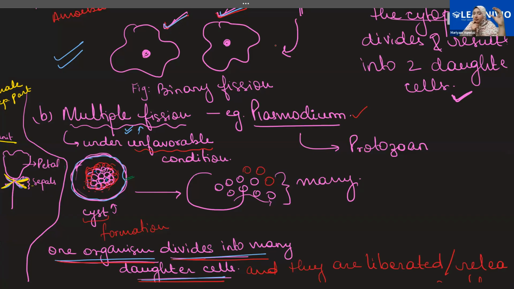Maybe the parent cell will die because of the unfavorable condition. So what it is doing is ensuring that even if the parent cell dies, the daughter cells will survive. Okay, and then as soon as the favorable conditions come around, the cyst will burst and release all of the different daughter cells.